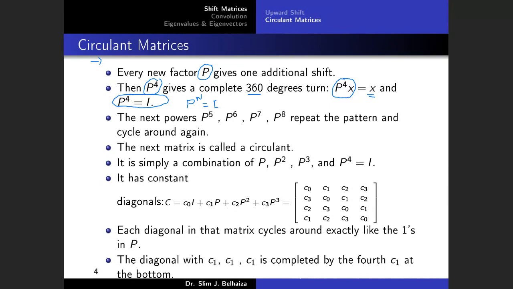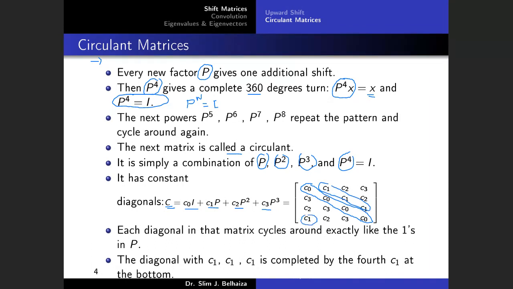We can use these P matrices, P, P squared, P cubed, and P to the power 4, which equals I, to construct what we call a circulant matrix, which has constant diagonals. You see here it's c0 I plus c1 P plus c2 P squared plus c3 P cubed. The c0s times I appear just on the diagonal. For c1 times P, the c1s appear in the upper diagonal, and the last one is at the bottom.